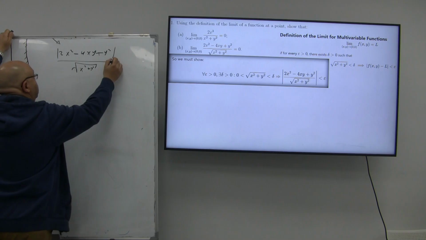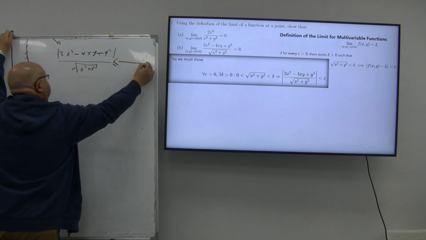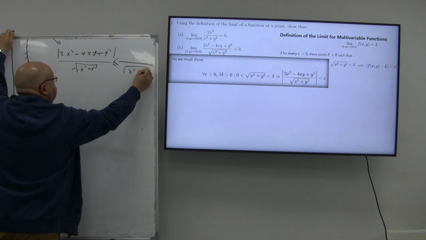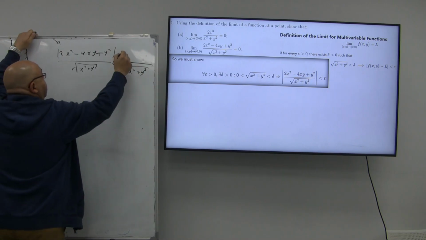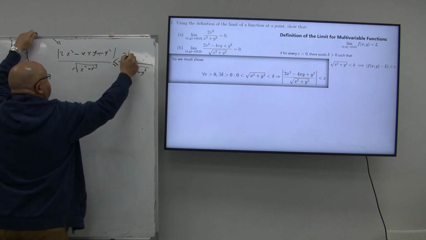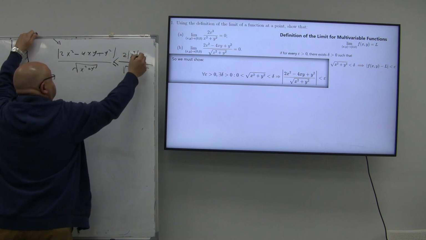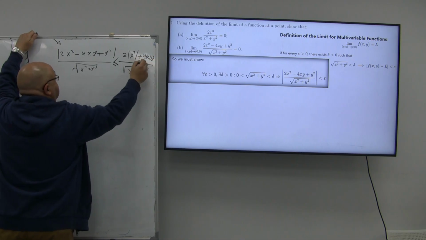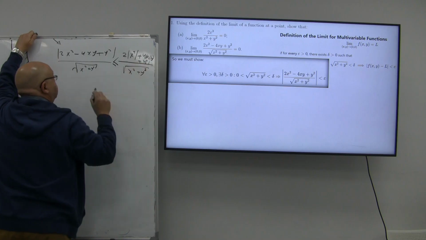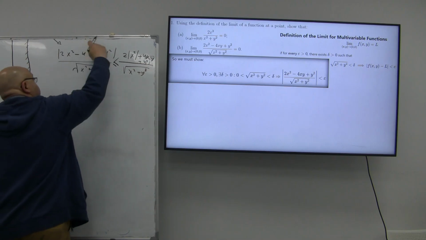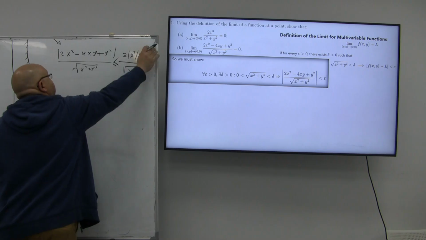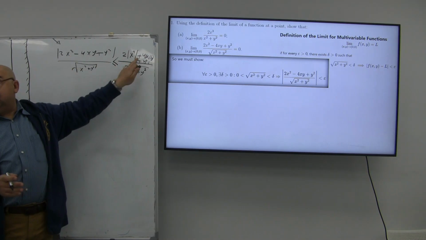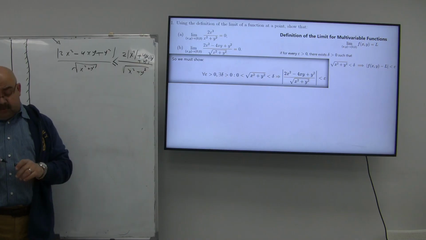I'm sure this value is less than or equal to, according to the various properties of the absolute function, 2 times the absolute of x squared plus, for sure, 4 times the absolute of x times the absolute of y, plus the absolute of y squared. I'm sure this expression is less than or equal to that one. It's really very obvious, because this is a minus sign and that's a positive sign. You don't have to go through a lot of debate.